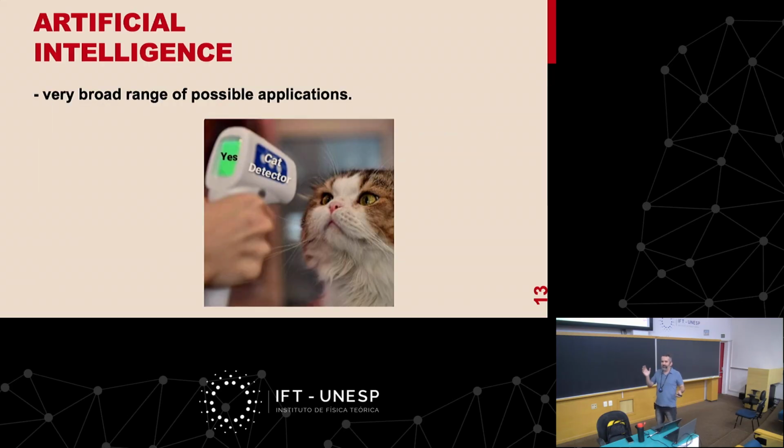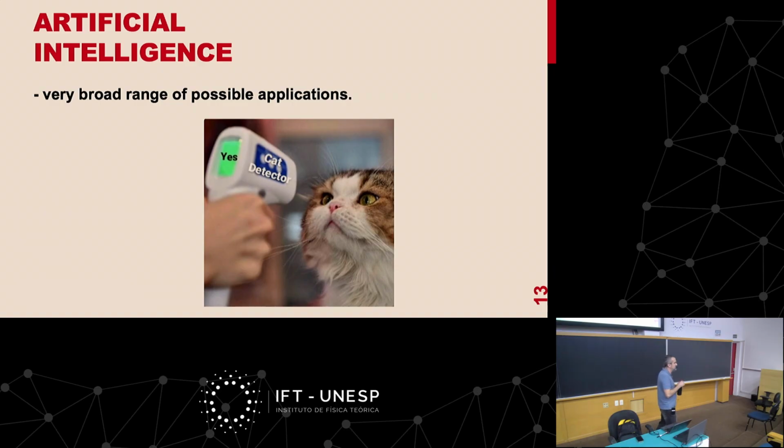So when we talk about materials informatics, the first thing we think of is artificial intelligence. Materials informatics is not only related to artificial intelligence, it can be much broader than this, okay?